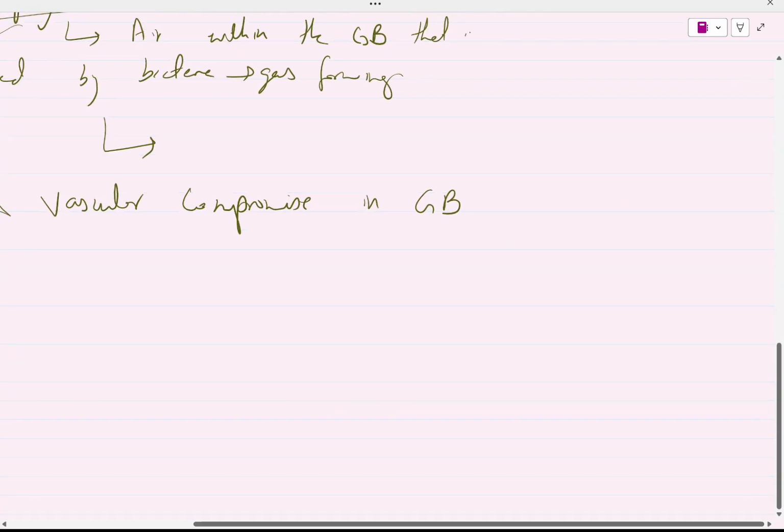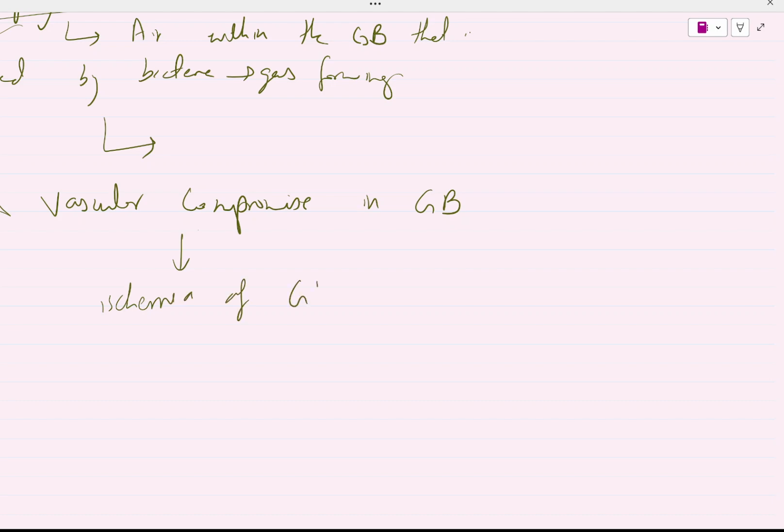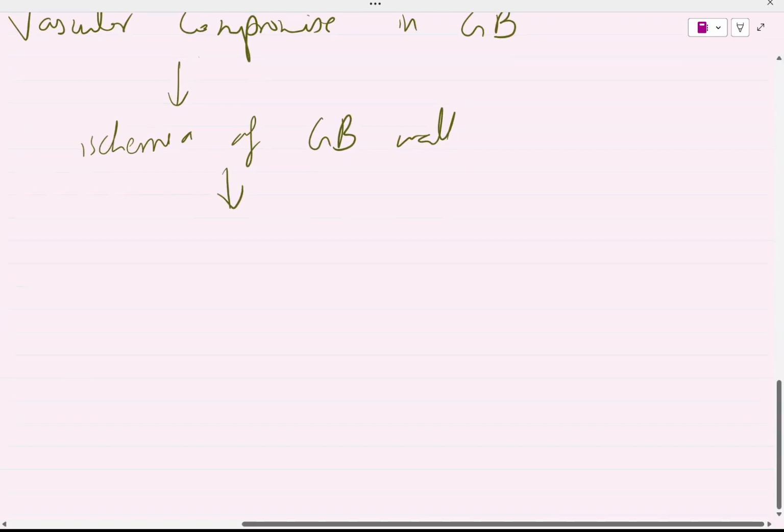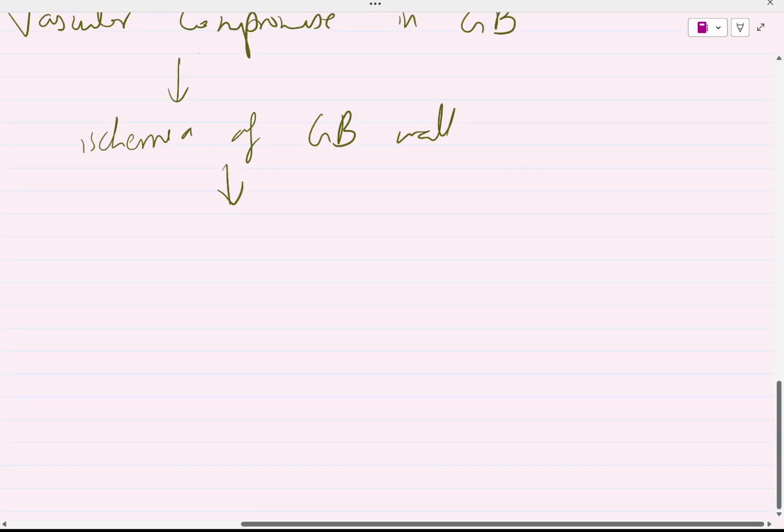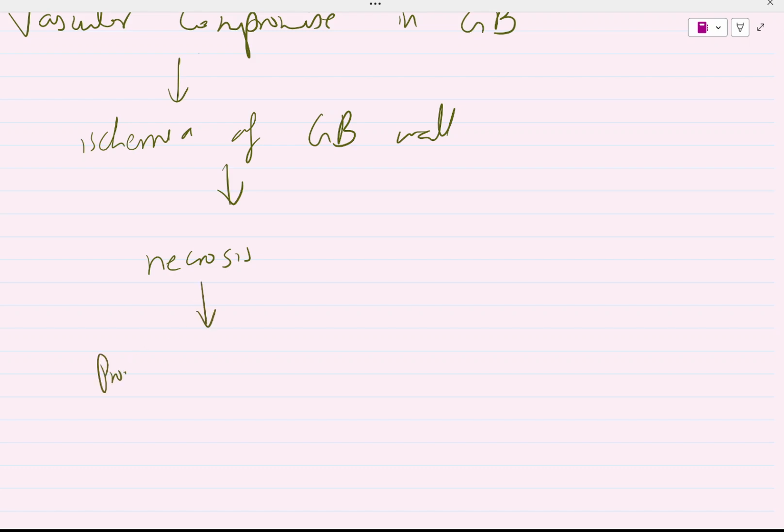There will be occlusion of the cystic artery, which leads to ischemia of the gallbladder wall. As you know, ischemia further leads to necrosis.